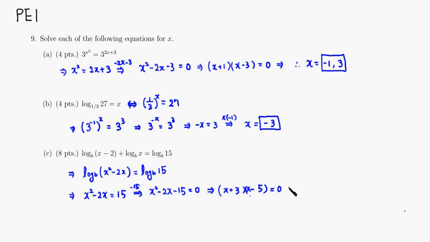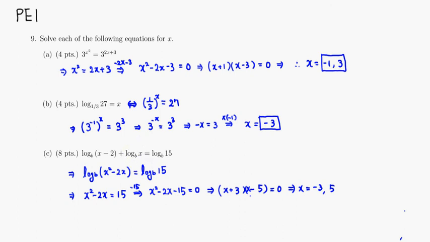Which means that from here x has to be negative 3, and from here x is 5. Unfortunately we cannot take both, because if x is negative 3, the log function only takes a positive value, so negative 3 isn't even in the domain of this log function.